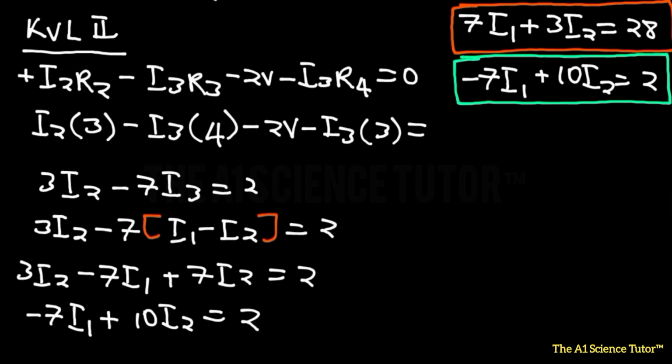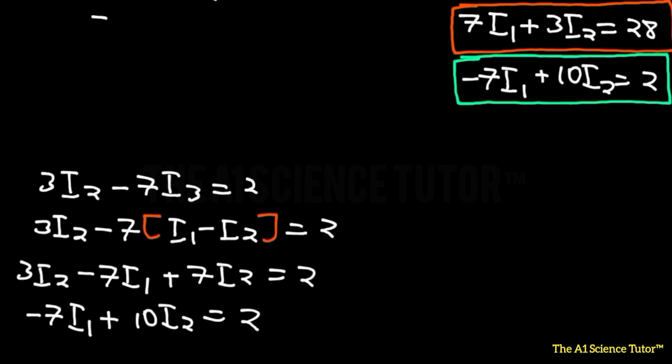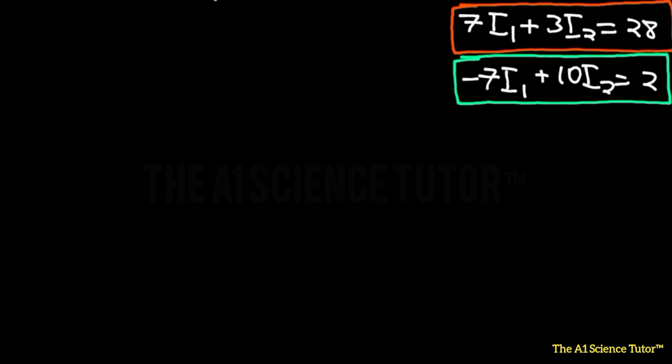So these are the two equations we have. Now we're going to solve them simultaneously and find out what will be the value for I1 and I2. And because of time, I'm just going to use my calculator to do that. So what we have for the coefficient of I1 in the first equation is 7. Then we have plus 3. And then we have 28. And for the second equation, we have minus 7. And we got 10. And we have 2.